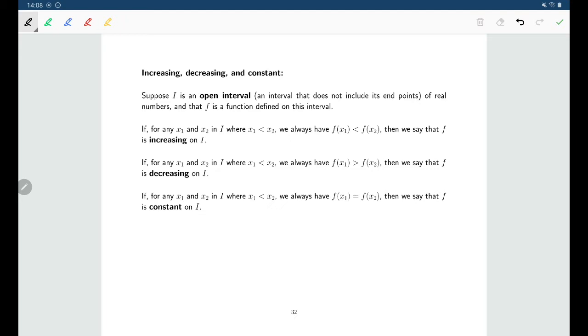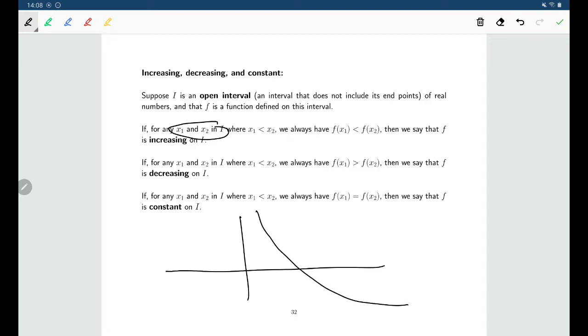So this is true for any x's in that interval. So if you have something, for example, where it's decreasing, then pick any two x values you'd like, and the y value for the first point should be larger than the y value for the second.